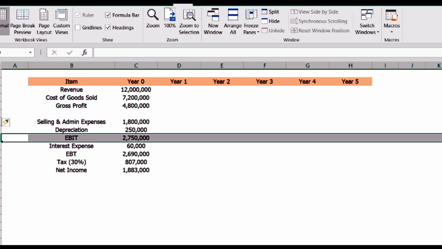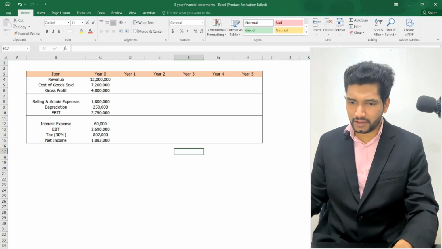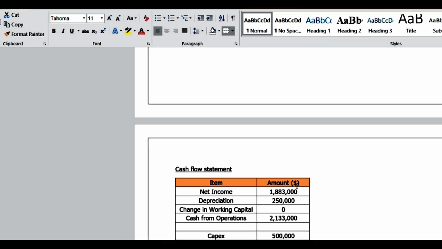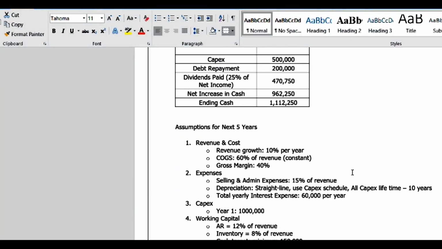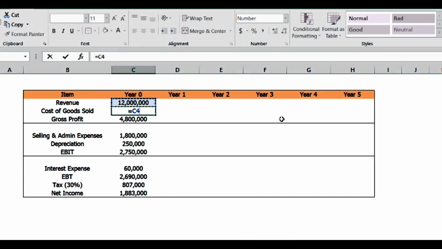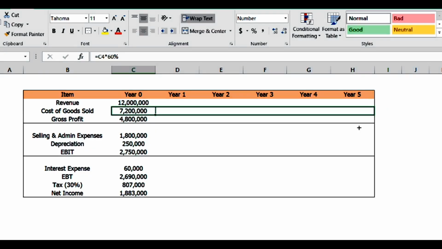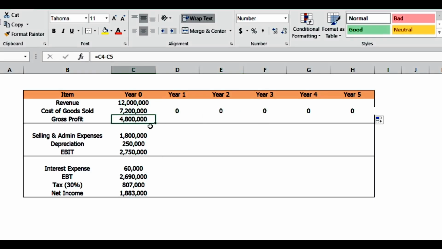Then the EBIT. Now I'm going to put my formulas here. The cost of goods sold is 60% of revenue. So here I'm going to put the same formula, 60%. And the gross profit is revenue minus cost of goods sold. I'm going to apply this formula throughout the period up to year 5.